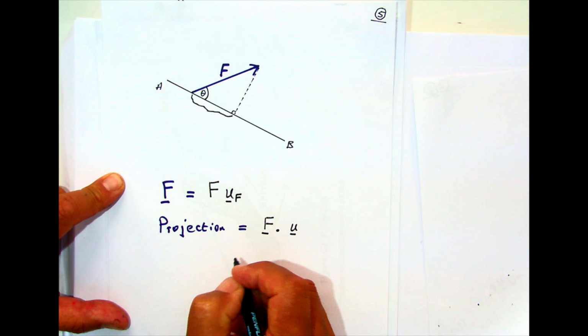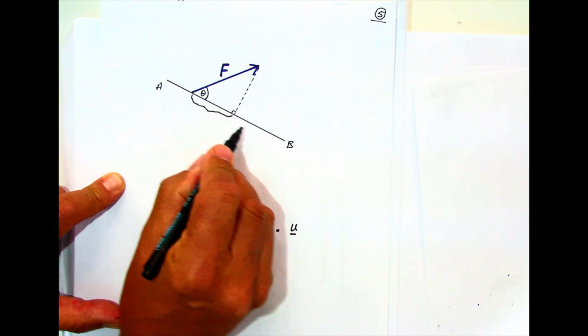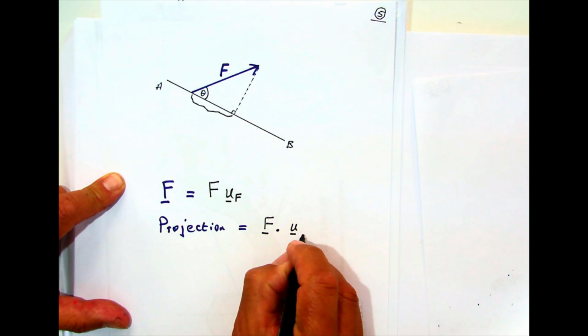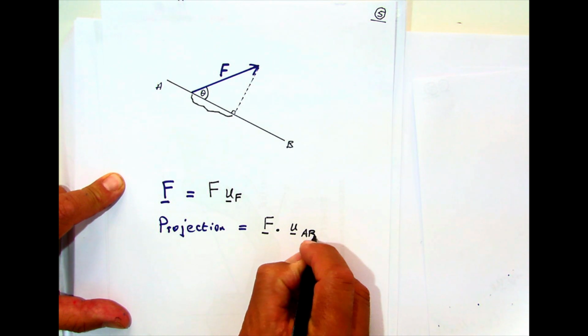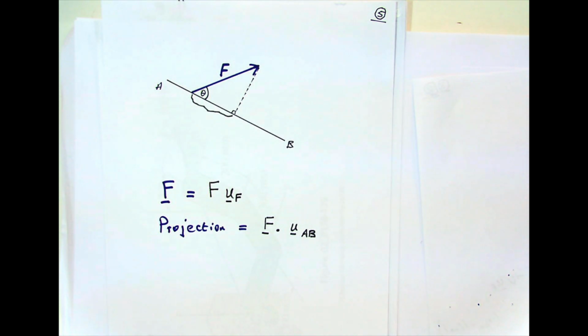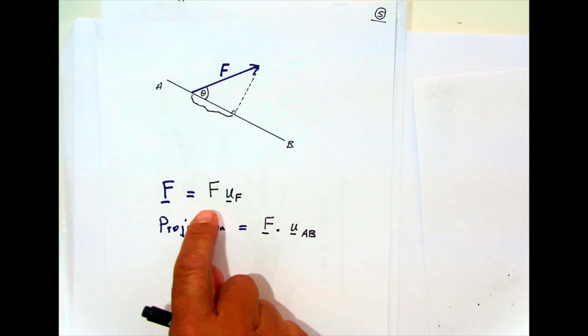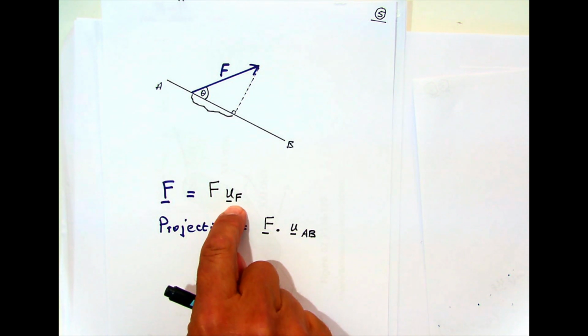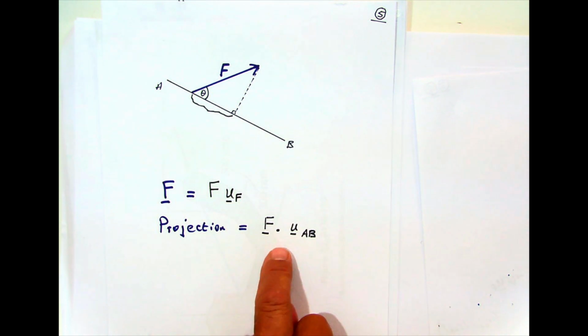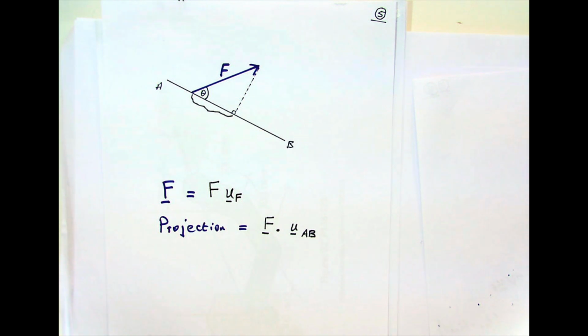Which unit vector? Along that line. Along the line of projection. So along the line AB. So here's F dot. There's just F times that. That gives you a vector. This will give you a scalar.